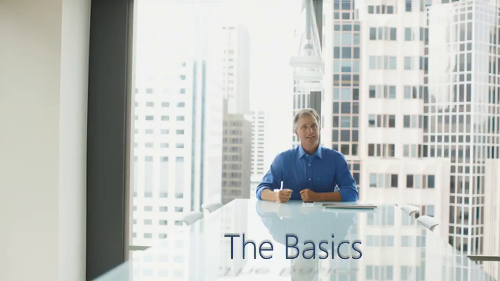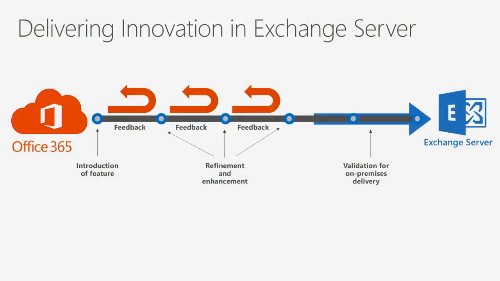So to start out, let's talk a little bit about how we deliver innovation in Exchange Server, because the way in which we did it a few versions ago, for example, for those of you running 2010, is pretty different from how we're doing it today. We still, of course, are shipping the on-premises products, so we still have 2013 and now 2016, which has actually been out for more than a year. But the way in which we develop it is very different from the cadence that we used to have previously.